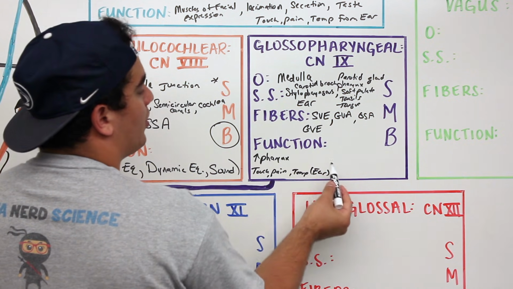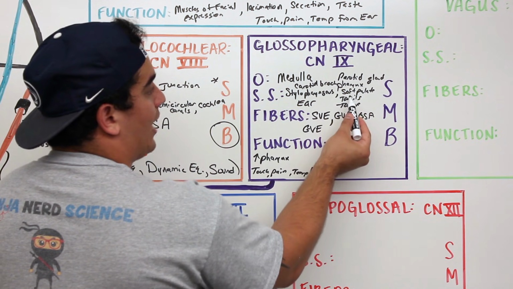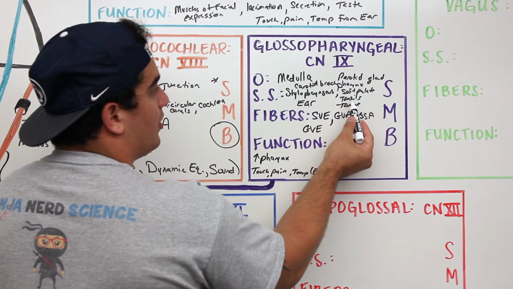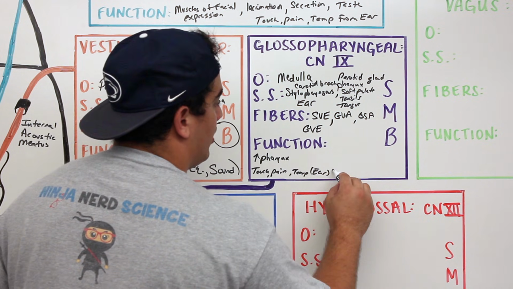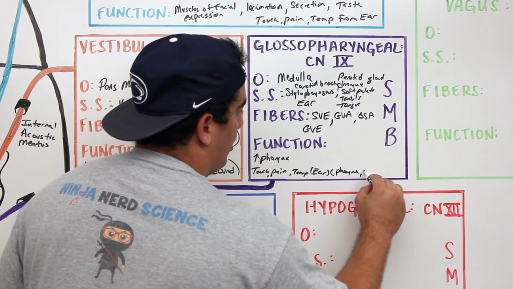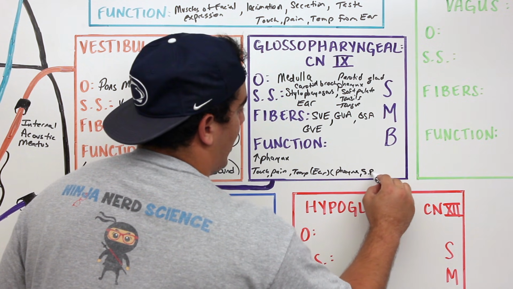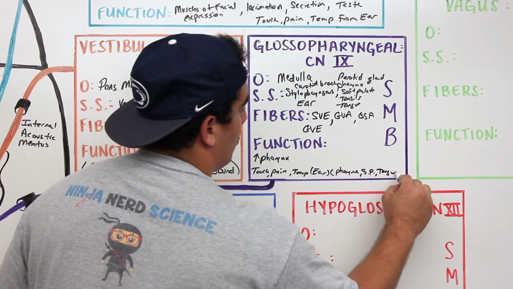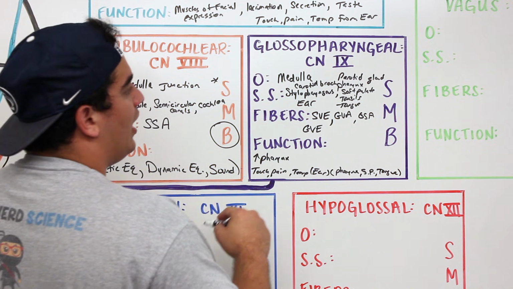And it's also going to pick up touch, pain, temperature from the actual soft palate, the actual tonsils, the tongue, and even the pharynx. So we can put here with it pharynx, soft palate. I'm going to put soft palate here, tongue, and what else?